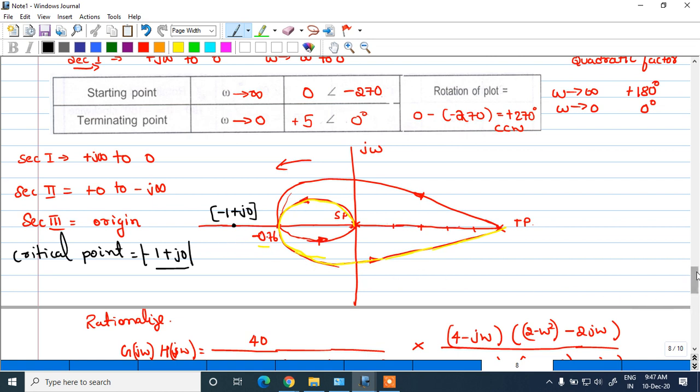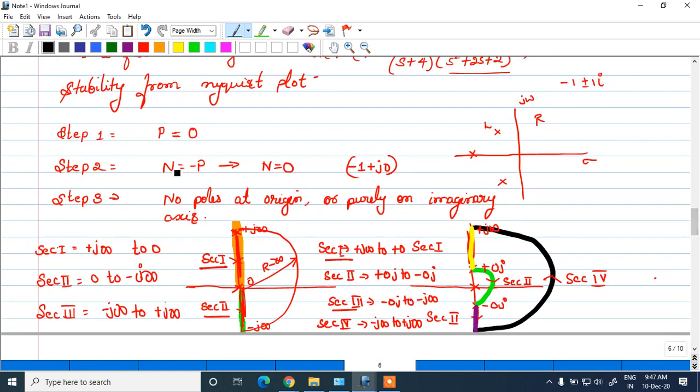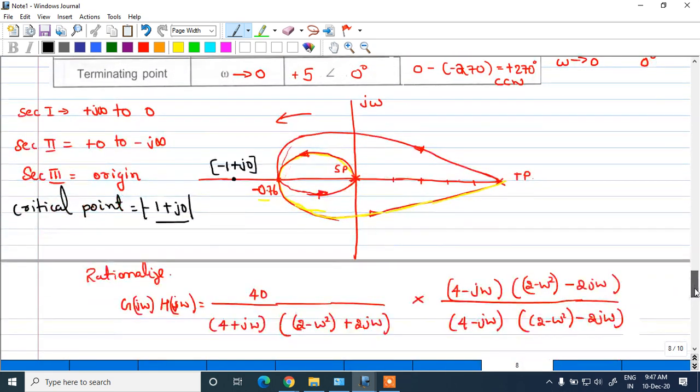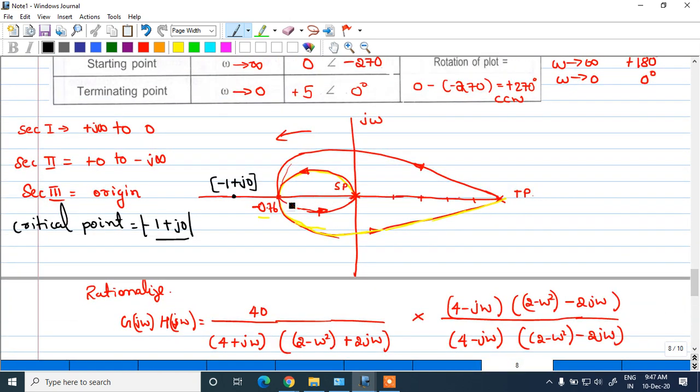So how? Check step 2. In step 2, I made a statement that N should be 0. The number of encirclements of the critical point minus 1 plus j0 should be 0, and here in the graph it is not at all encircling this particular point.